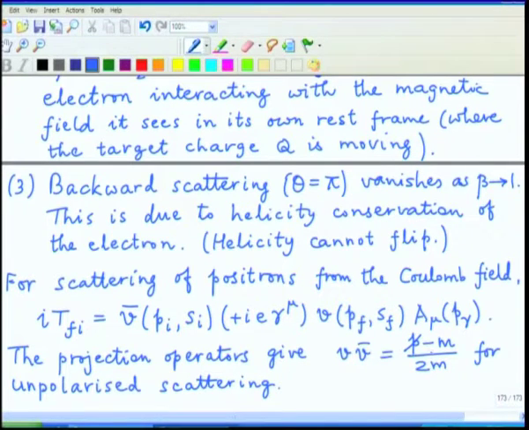There is an overall sign from the actual projection operator which is (m minus p slash) by 2m, but those signs we have already included in the Feynman rules, where there was a minus sign for every positron in the initial state, which must be included in the cross section. So, having done that, the projection operator is easily written as (p slash minus m) by 2m.